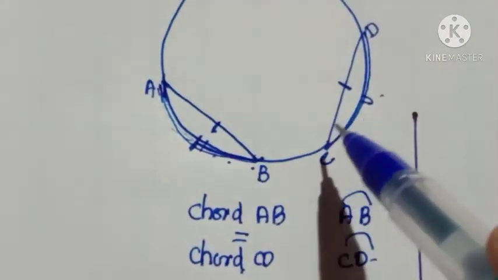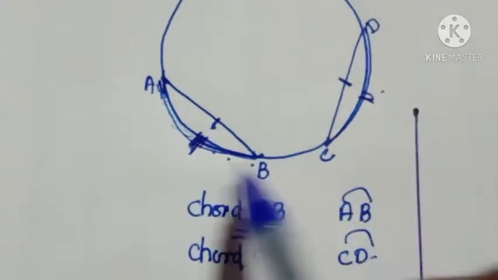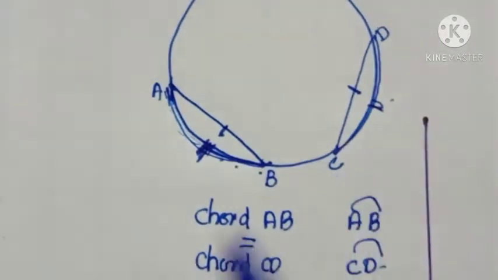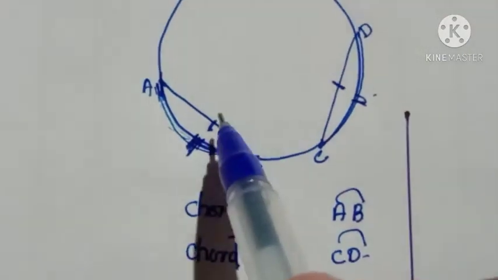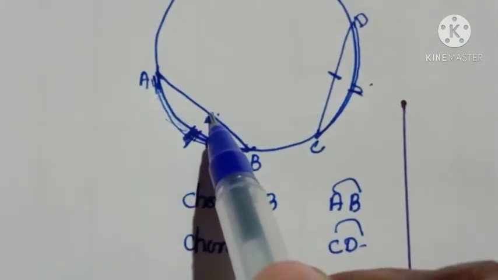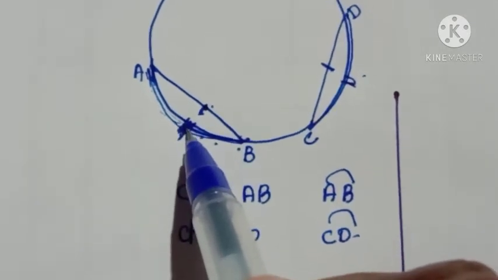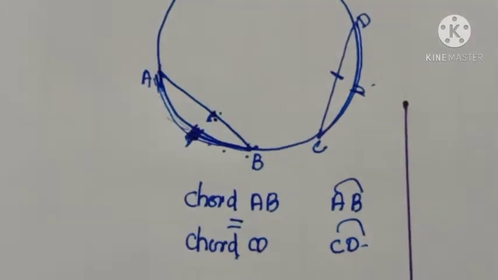Similarly, the converse: if these two arcs are congruent, then the corresponding chords are equal.